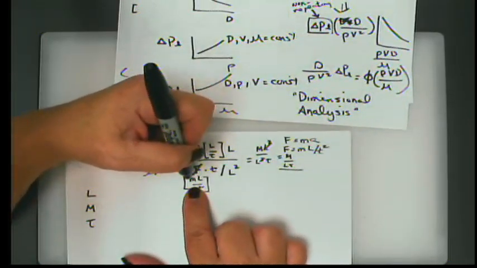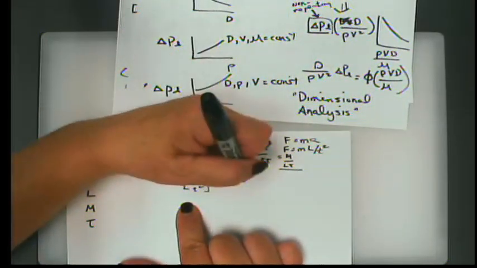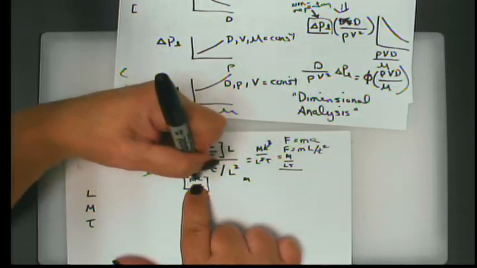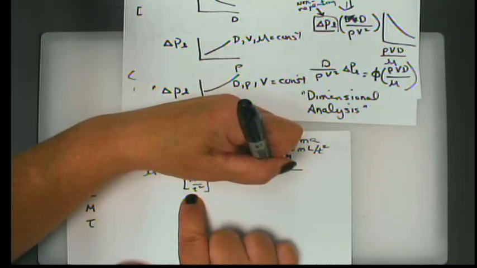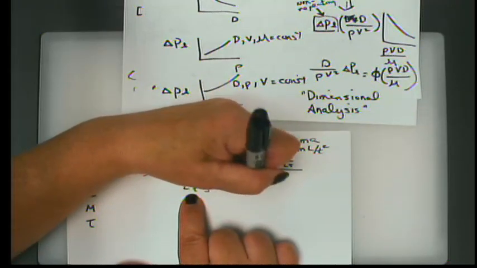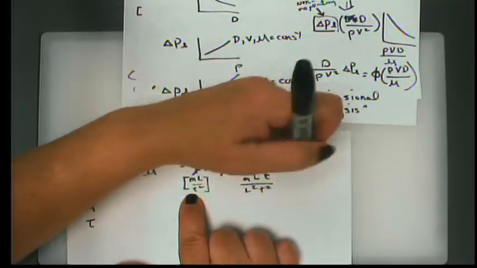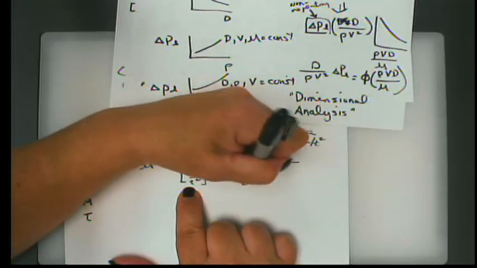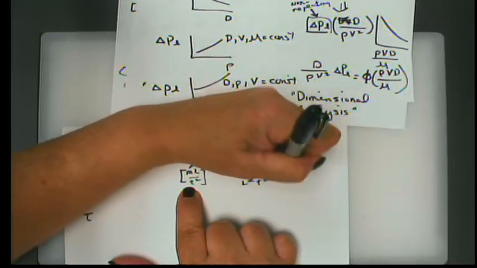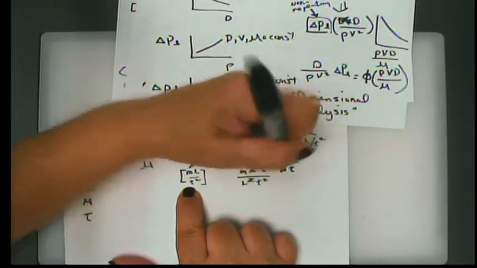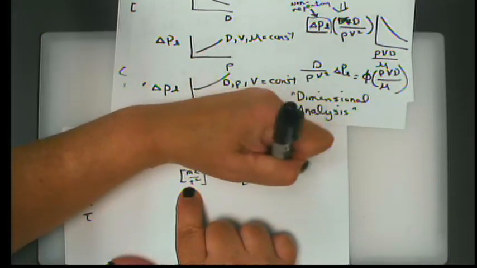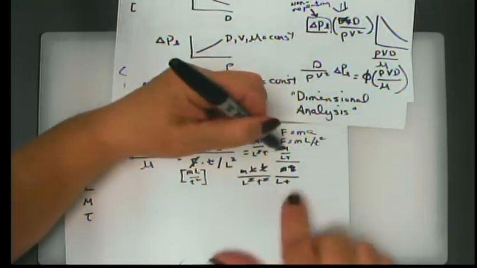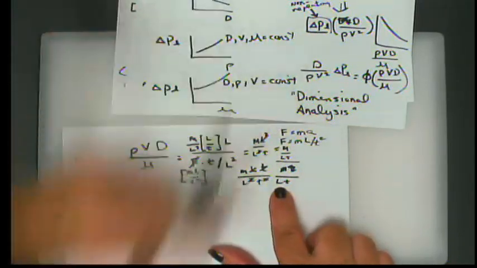And down here, I have mass length time over length squared time squared. So that simplifies to mass per length time. Mass per length time, mass per length time.